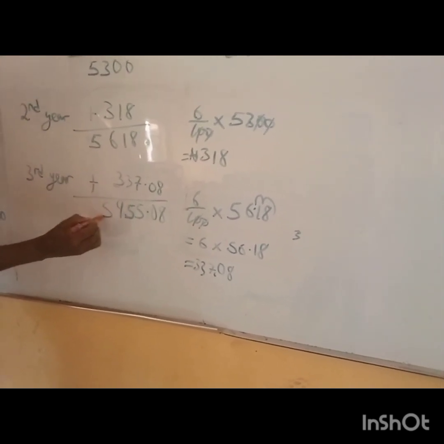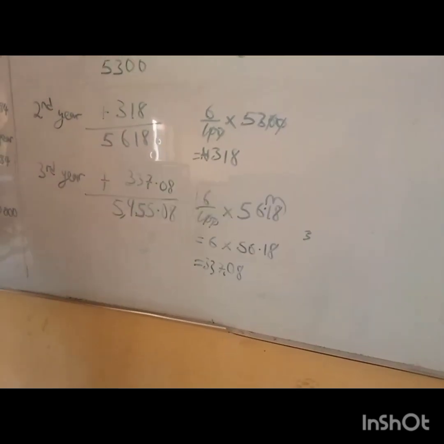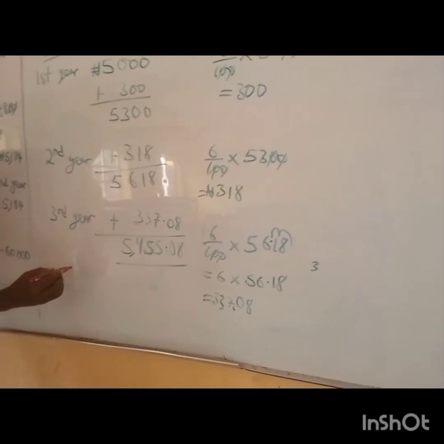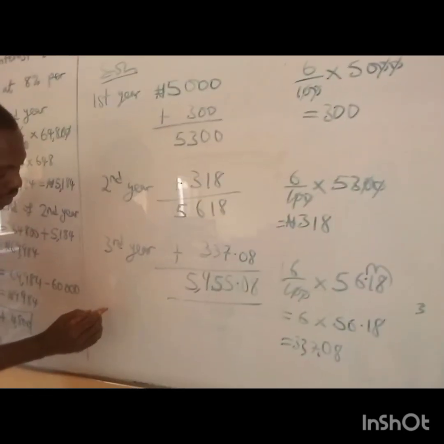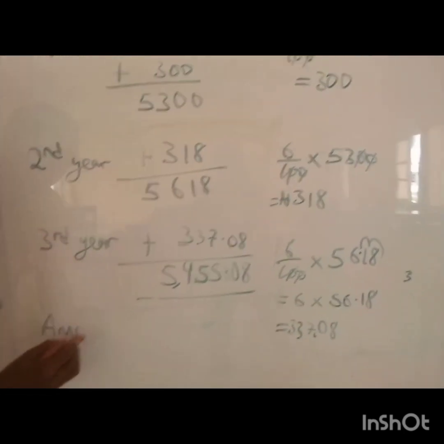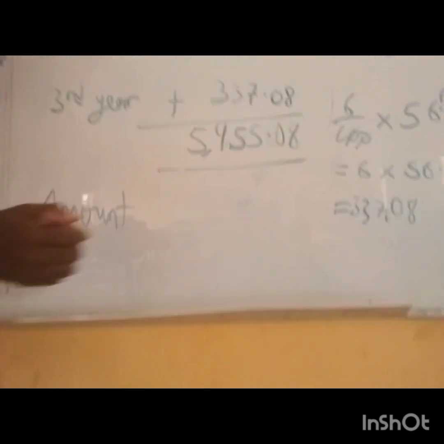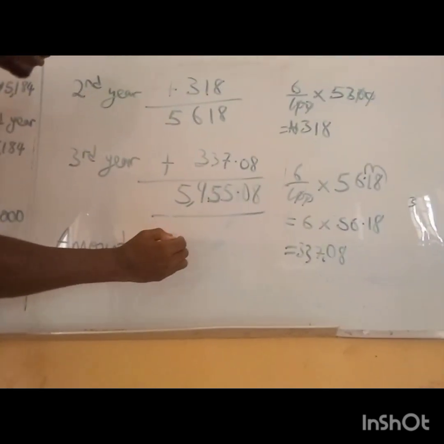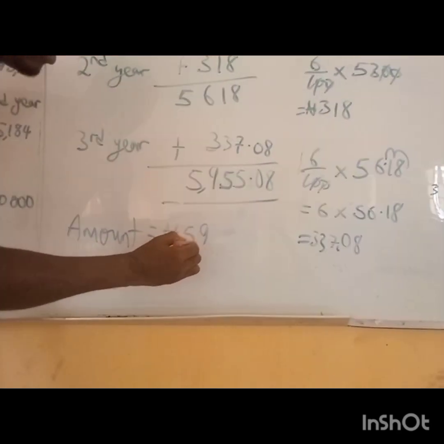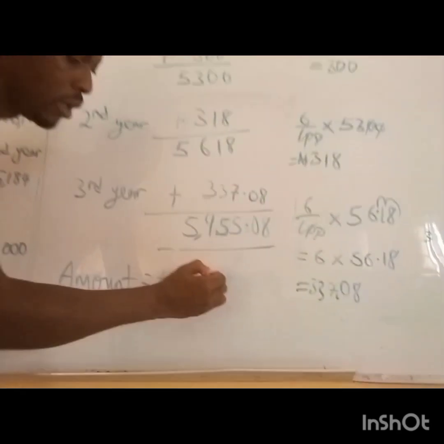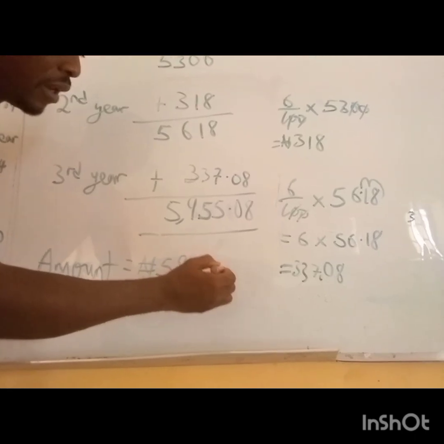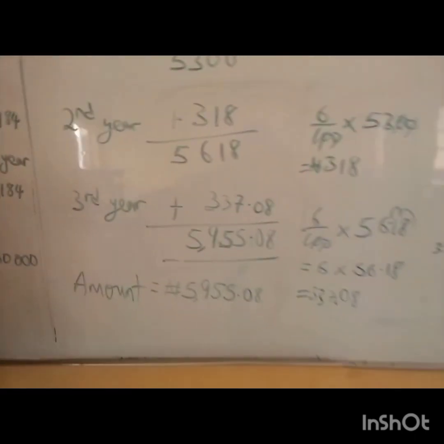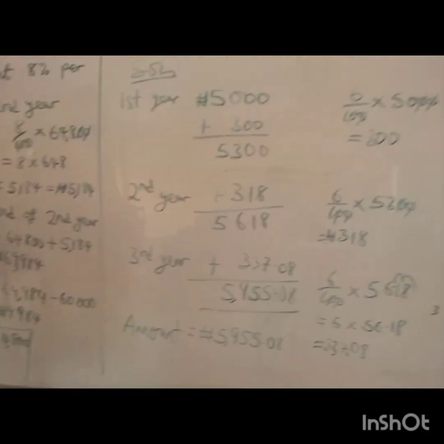And 5. So now this means at the end of the 3 years, our 5,000 naira becomes 5,955.08 naira.